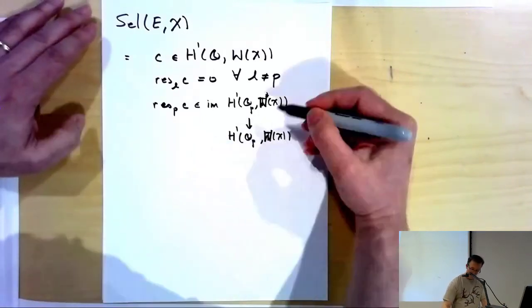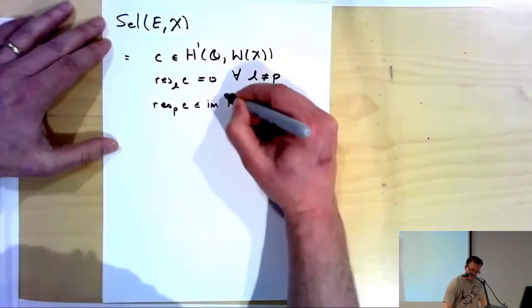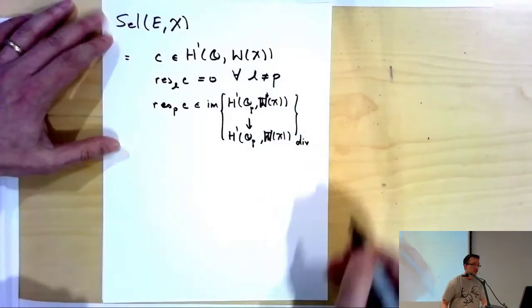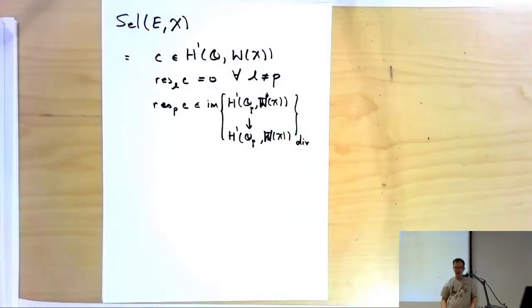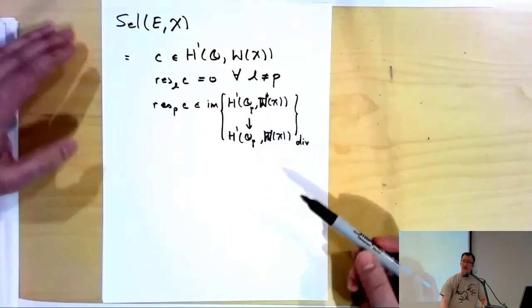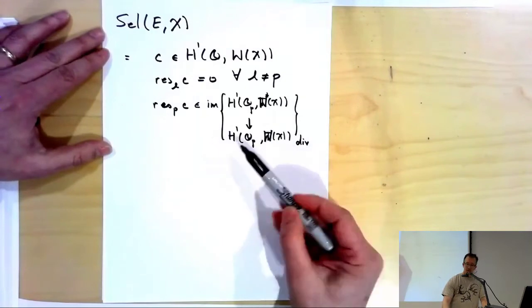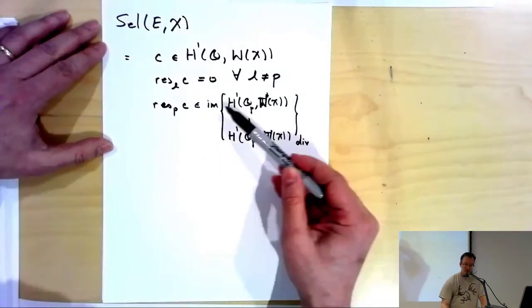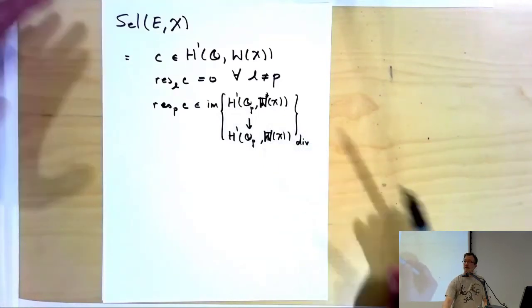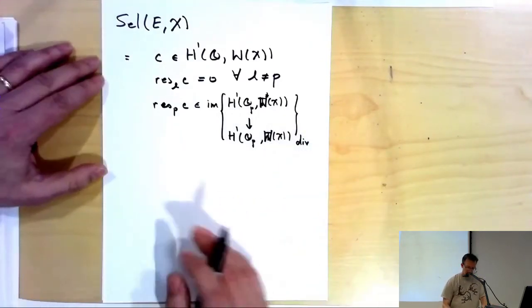Now you have no idea what I wrote. And so you have the image of that, and we take the maximal divisible subgroup there. You can also rewrite this as the maximal divisible part of the kernel of H1 of Q of W of chi projecting to H1 of Q of W minus of chi. So exactly the same thing.